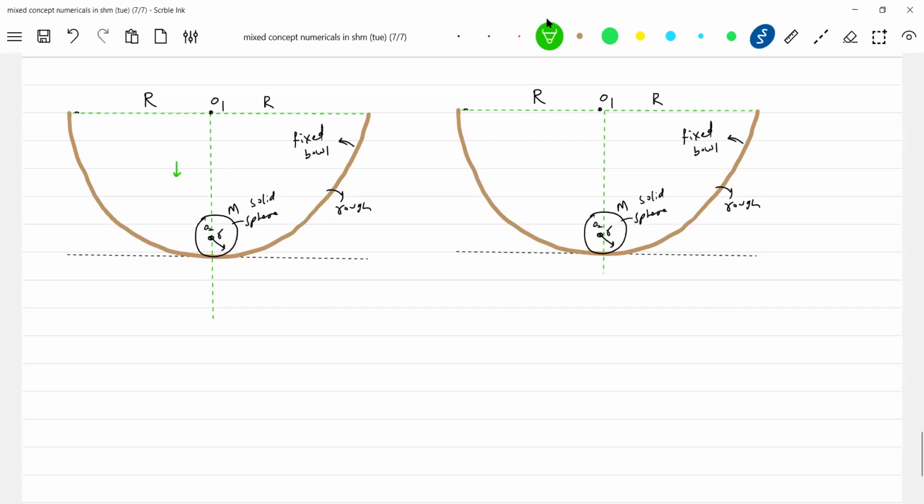Okay, here acceleration due to gravity will also be there, no? I'll do one thing. I will take this and release it from here.